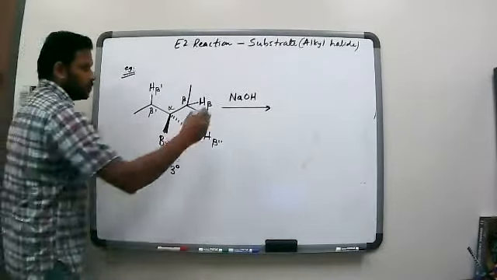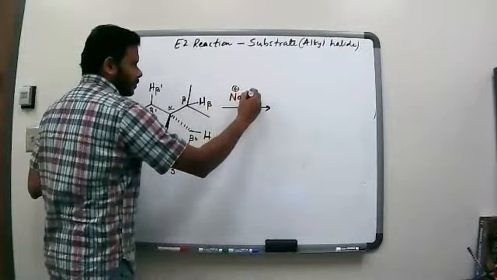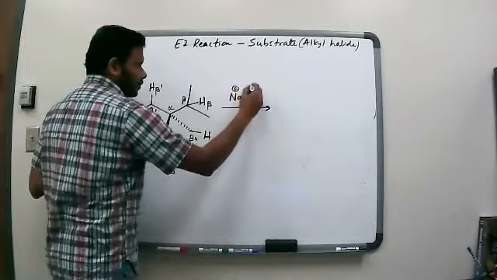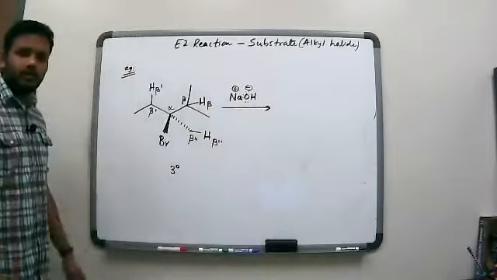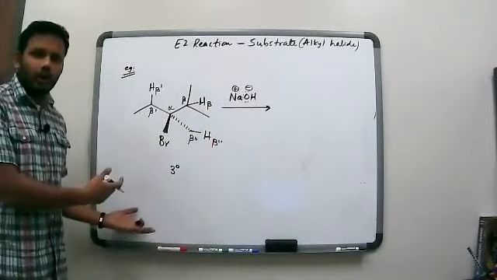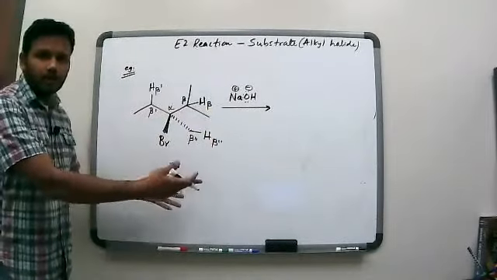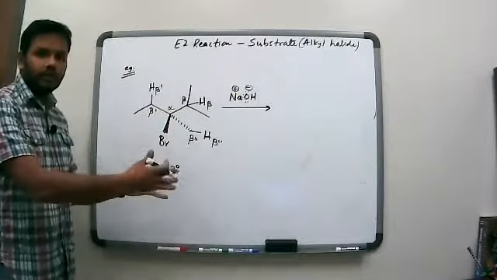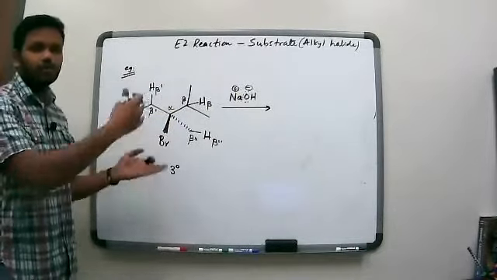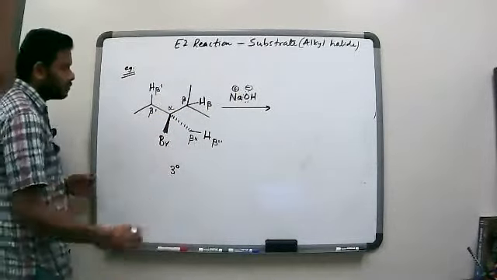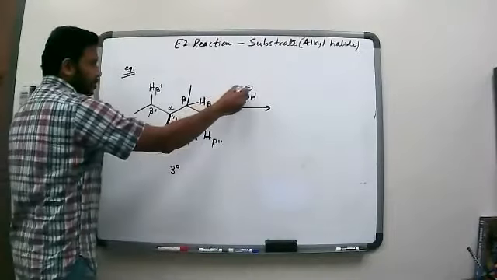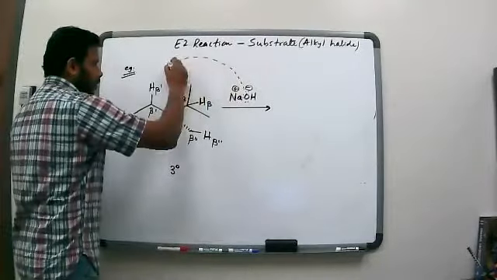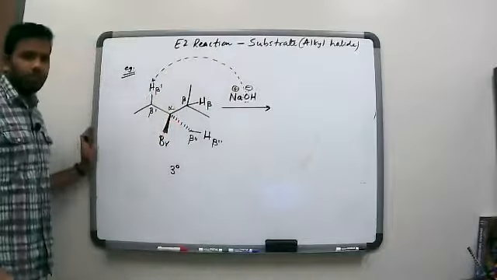Okay, and so the base now, it doesn't know to differentiate between these, so it's going to go for all of them. The stability of the product would determine which one is the major product, which one's more favorable. Okay, so what we're going to do is we're going to basically do all of this. So it can go for beta prime.